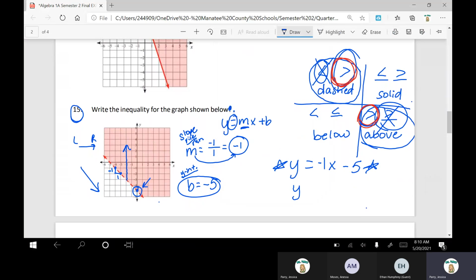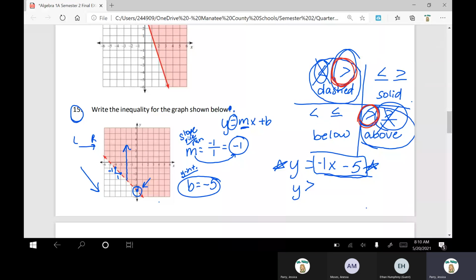So we've got the Y is greater than, and then you're pretty much just going to rewrite this whole thing here again. But instead of doing the -1x, remember in math, your invisible number is always 1. So you can always just get rid of it. So I'm just going to write -x and then -5.